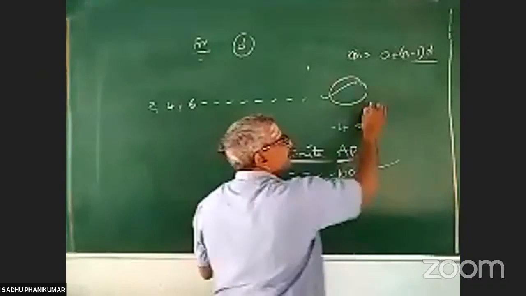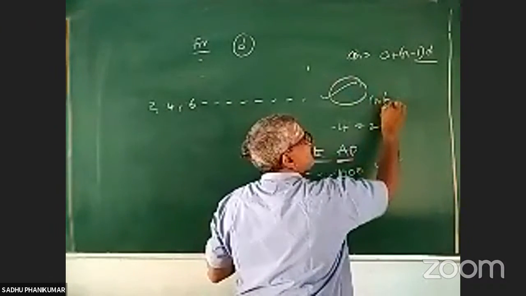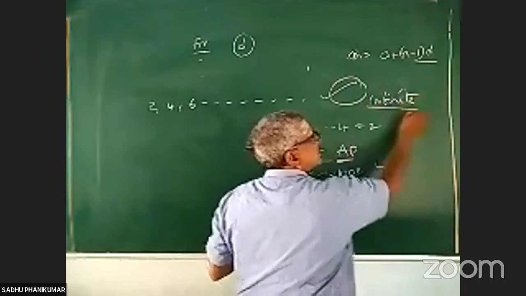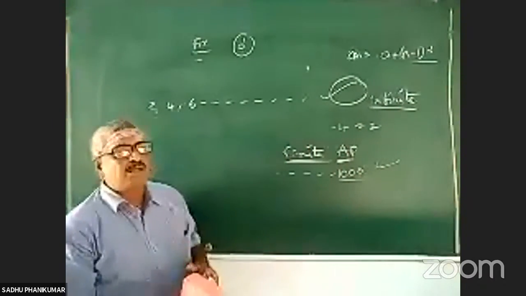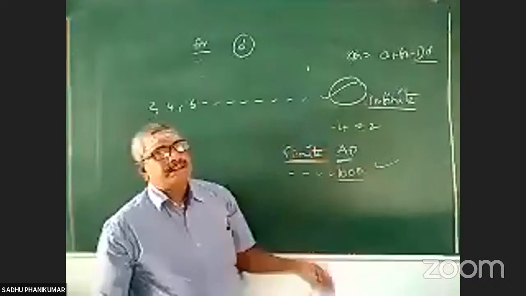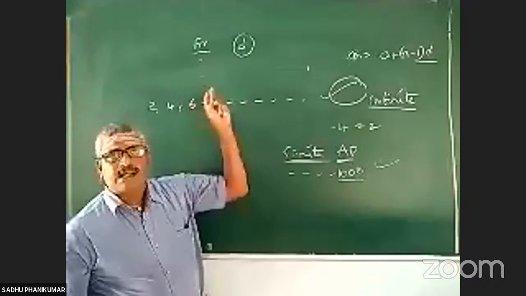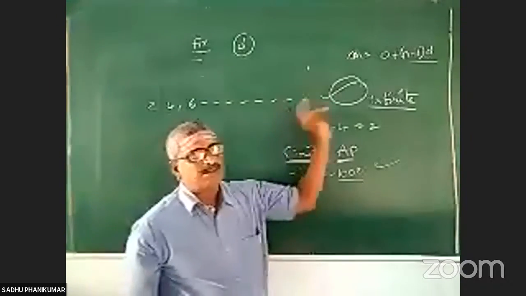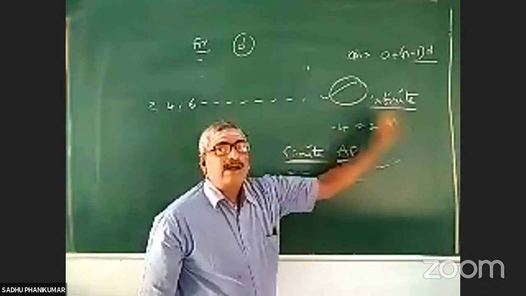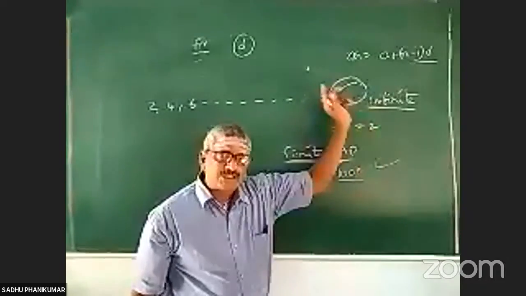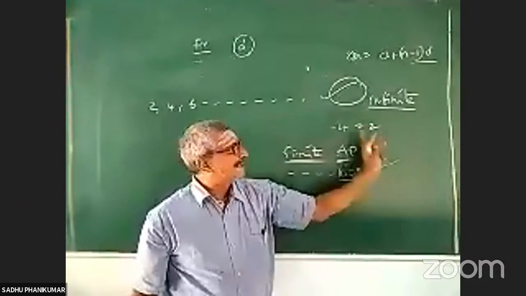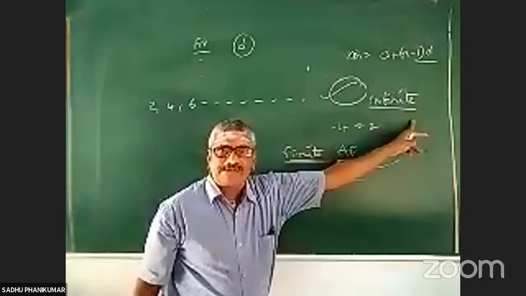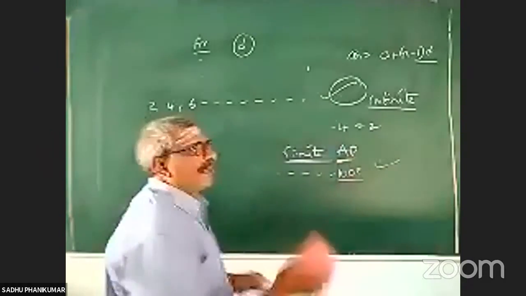That is infinite. Even though this is the formula involved in the form of an AP, the number of terms is not finite, we are not able to count them. That's why it is called an infinite AP.